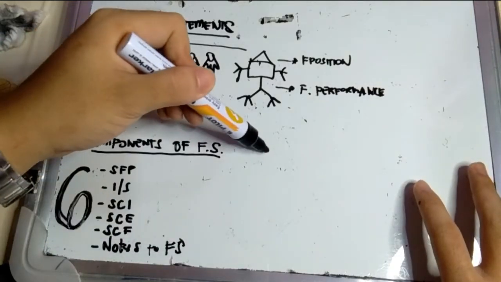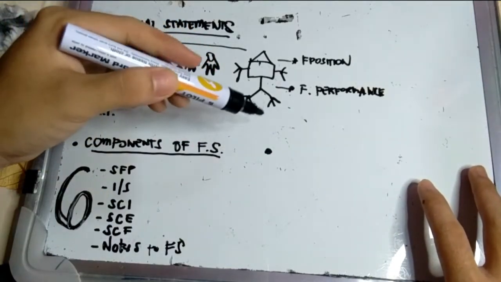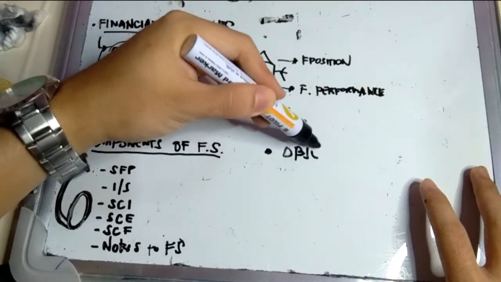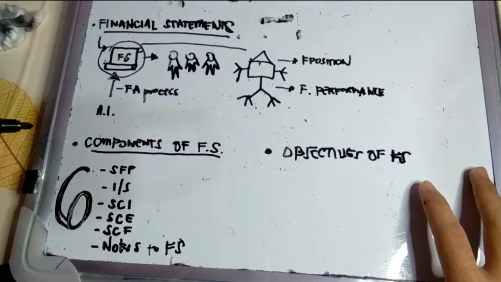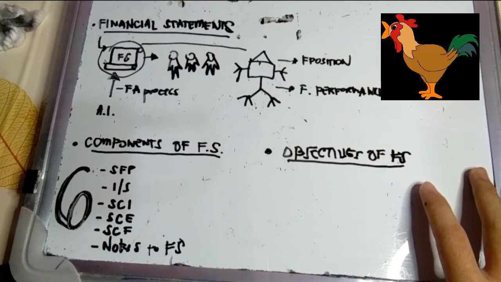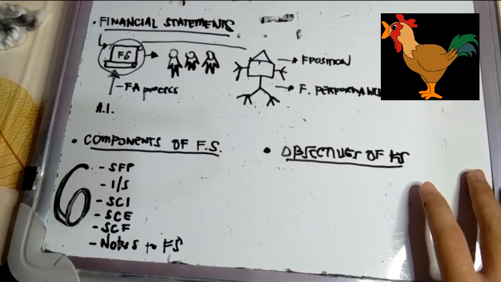So after nating malaman yung components ng financial statements, pumunta naman tayo sa objectives of financial statements. So the objective of financial statements is to provide information about the financial position, financial performance, and cash flows of an entity that is useful to a wide range of users in making economic decisions.